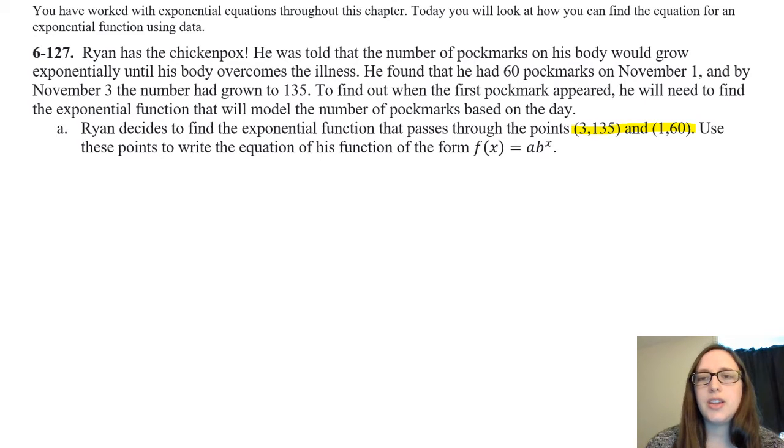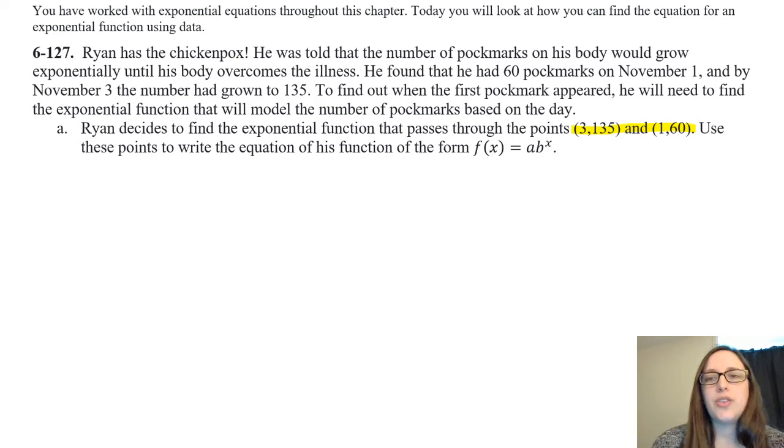All right, and so we're going to do this by making 2 equations, and we're going to solve it kind of like we did with solving a system of equations. It's just a little twist because they're exponentials instead of linear equations.